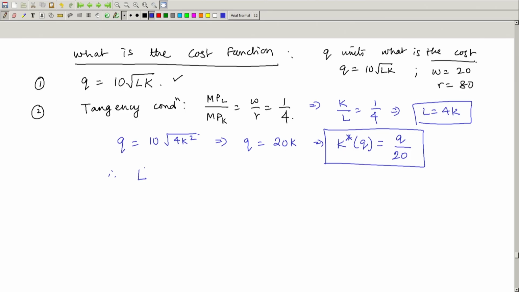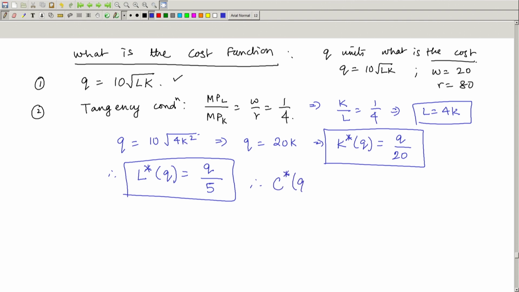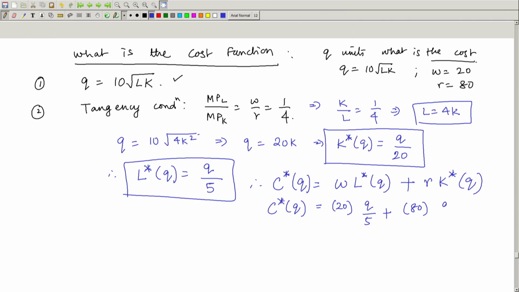Therefore, my L star as a function of Q is 4 times K star as a function of Q, that is going to be Q divided by 5. So, my minimum cost, or the cost function C star of Q, is W times L star of Q plus R times K star of Q. W is 20, so 20 times Q upon 5, plus 80 times Q upon 20.